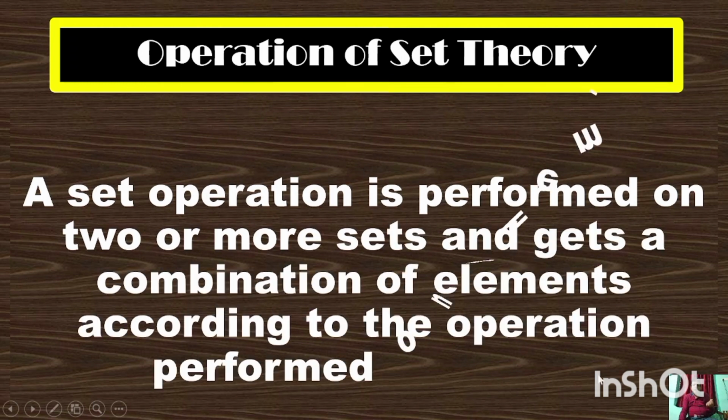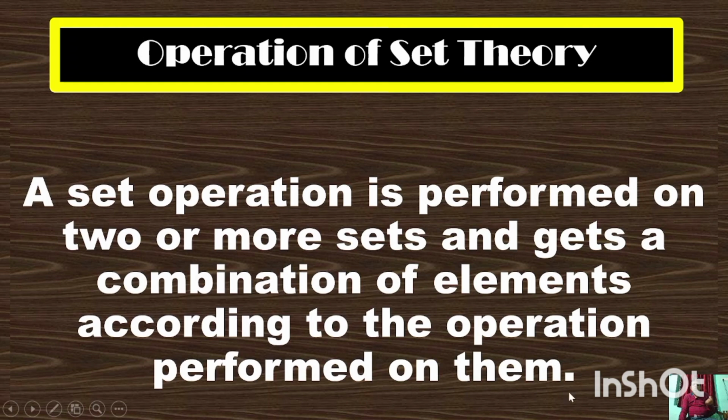So a set operation is performed on two or more sets to get a single set by combining elements according to the operation performed on them. According to the operation, we get the formation of a new set due to the combination of two or more sets.